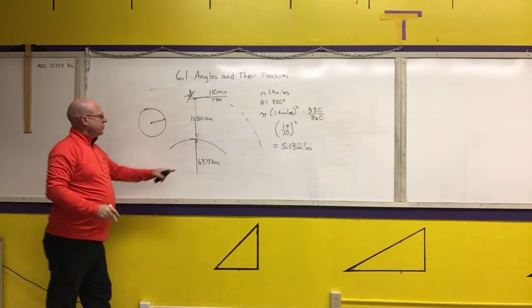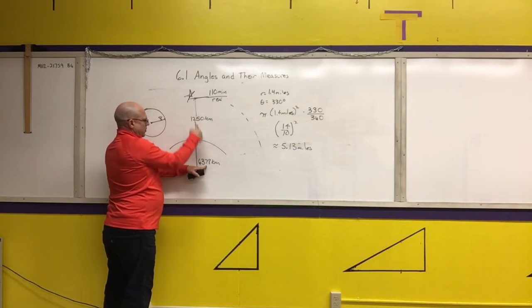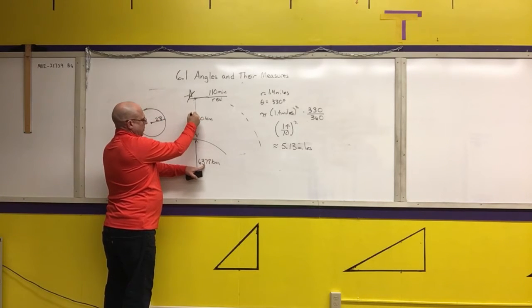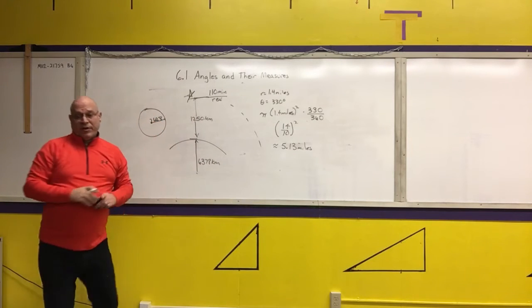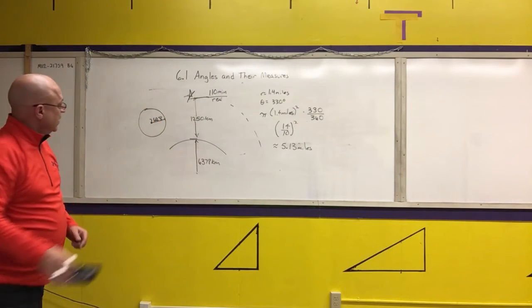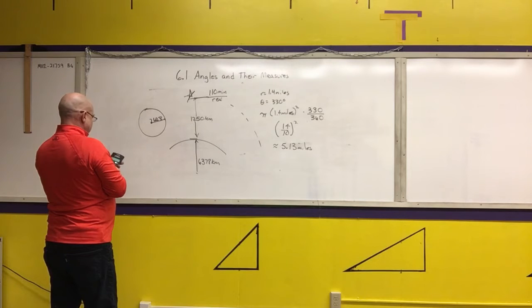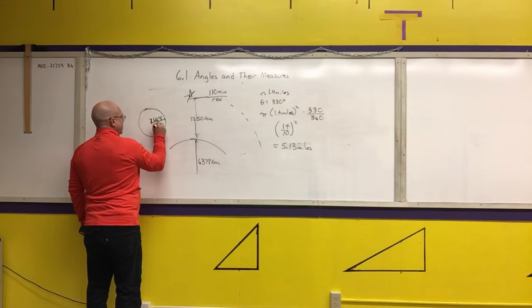There's my radius. I better use a calculator to check that. 6,378 plus 1,250. Yep. 7,628 kilometers is the radius.